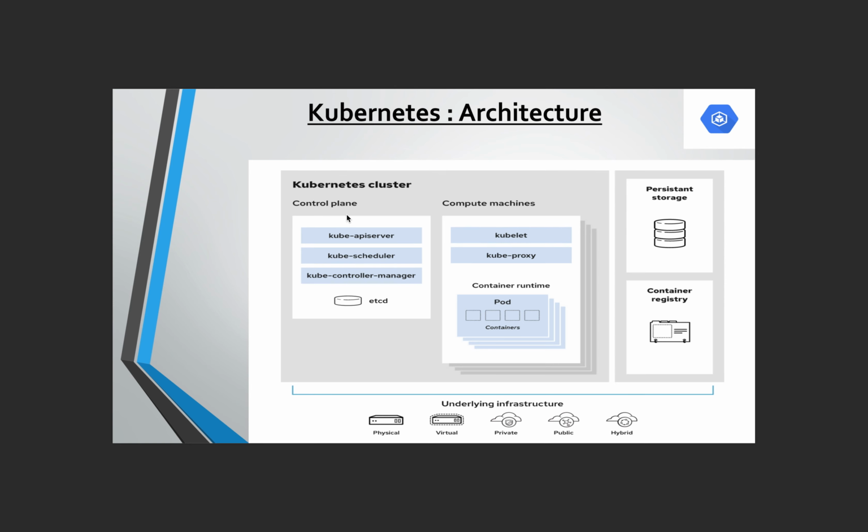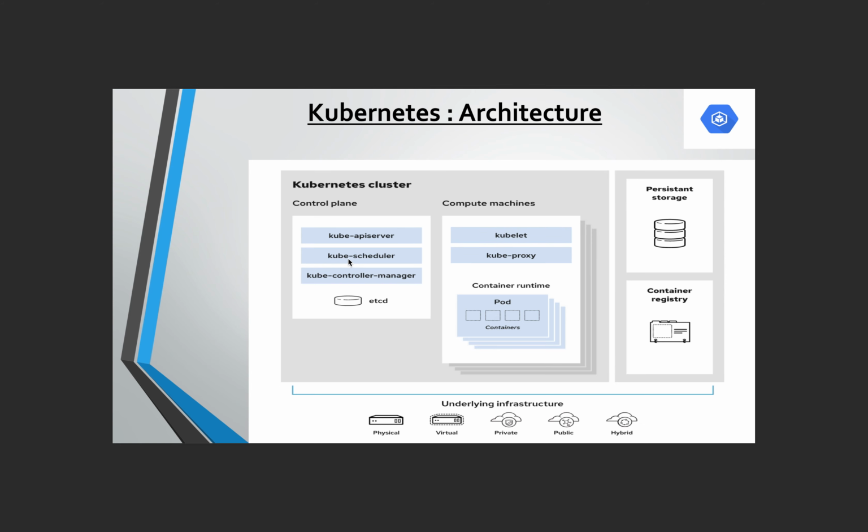Now, the Kube API server can be accessible via the API calls or the kubectl command line interface. So we will be using kubectl command line interface for our project or hands-on. It can also determine if the request is valid or not, and it will perform the necessary actions accordingly.